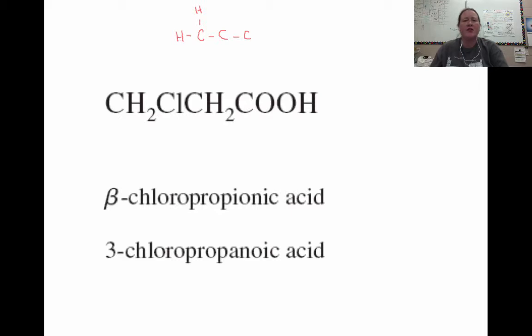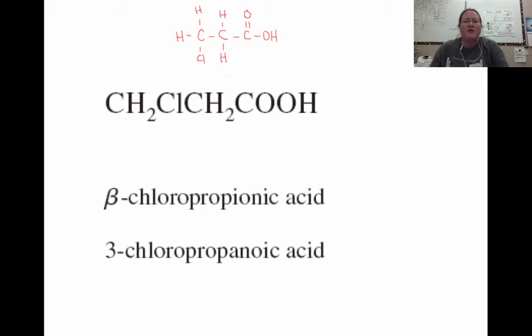It's the first carbon that I drew on the paper, but it's not the number 1 carbon. I have a chlorine group, so this Cl says it's being attached to that. And I have 2 hydrogens attached to that carbon. And then this is my carboxylate carbon, which has the carbonyl group and the OH.